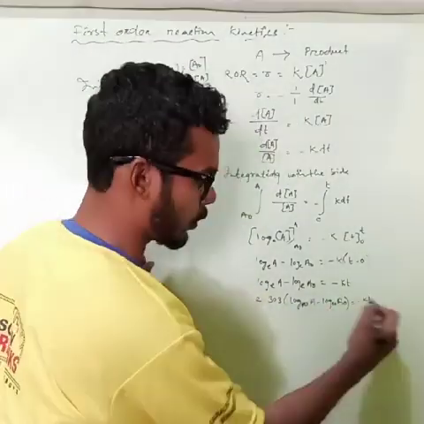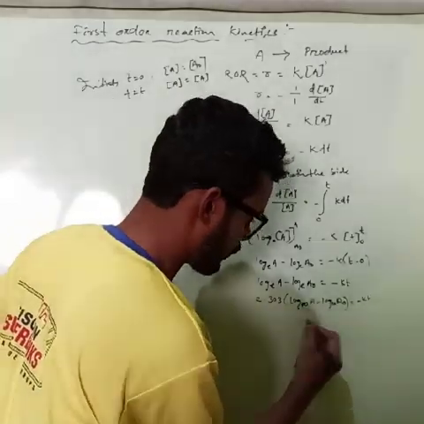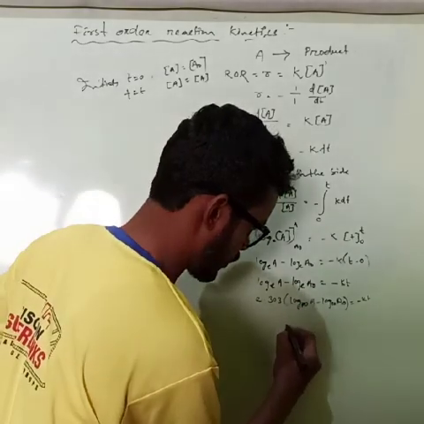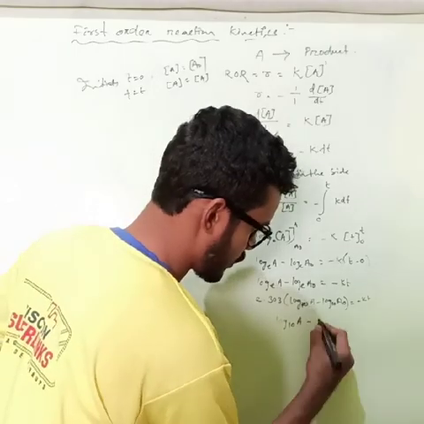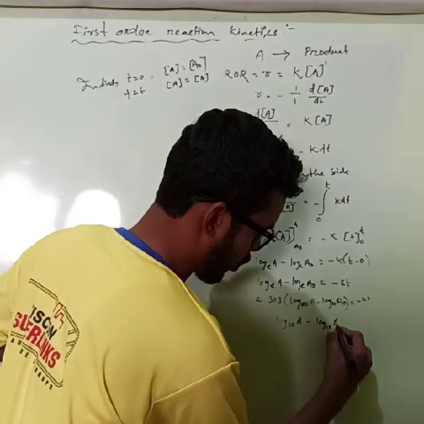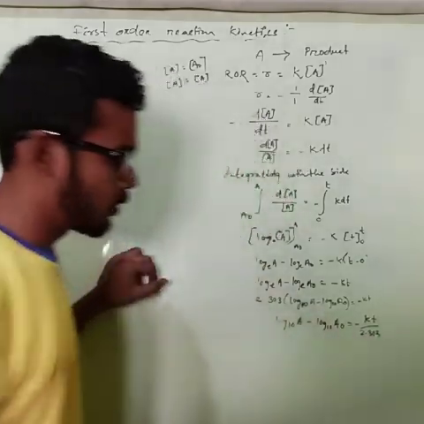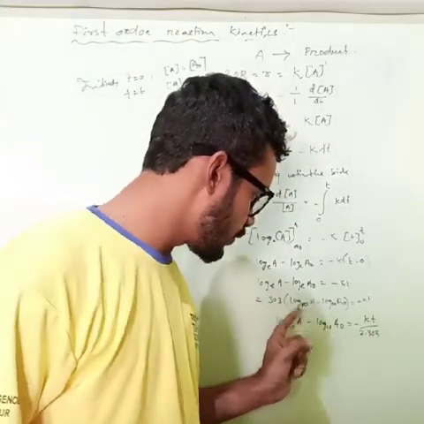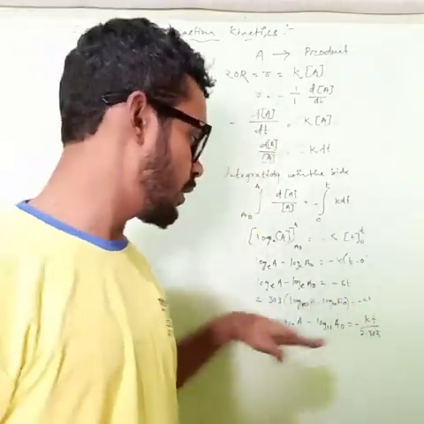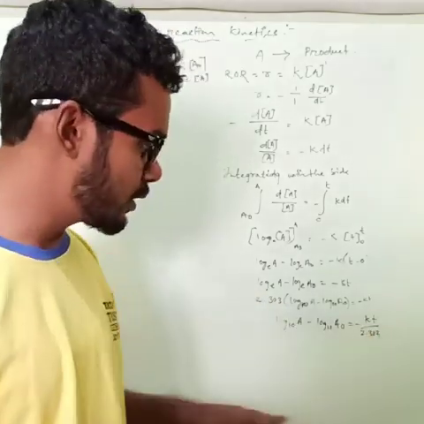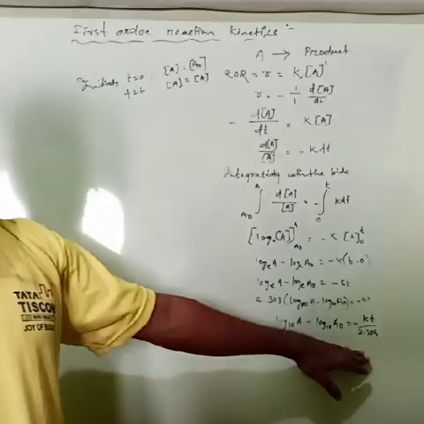Now divide by 2.303. So the value is log base 10 A minus log base 10 A naught equals minus K t by 2.303. I have written directly in this step, because if I multiply, then I have to again take the common factor or divide by 2.303 on both sides.